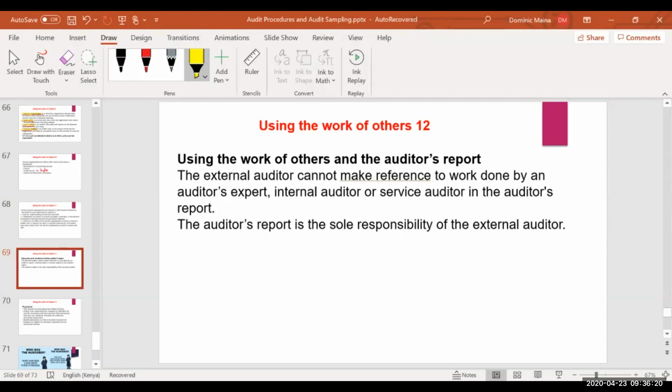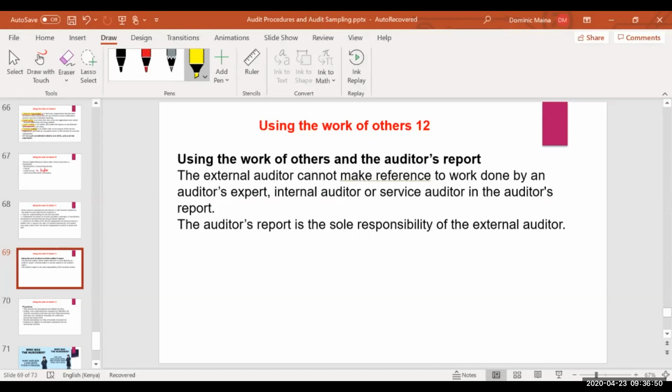So in your final report, as you prepare the auditor's report addressed to the shareholders at the AGM, you cannot make reference to the work of the experts. You can't say that my opinion was also influenced by this particular expert that I hired. No, that cannot happen. Don't forget, it is your sole responsibility.